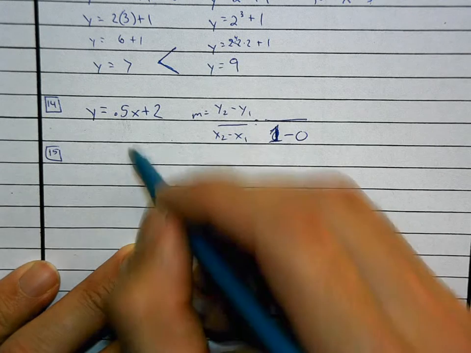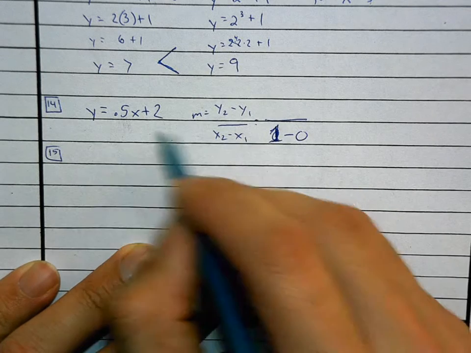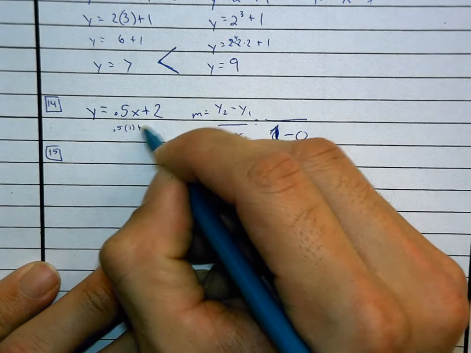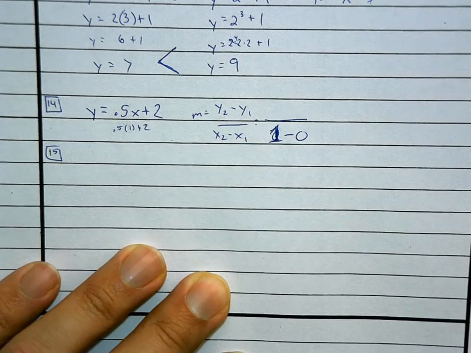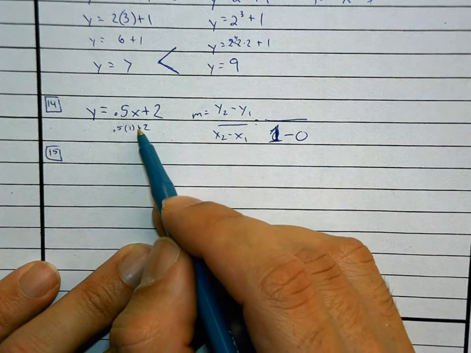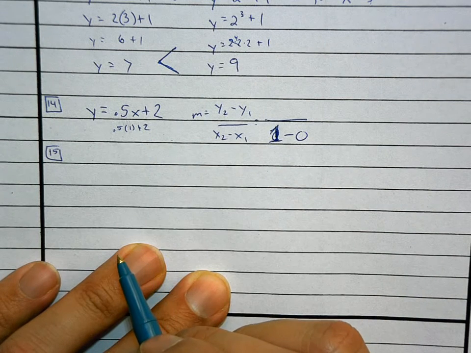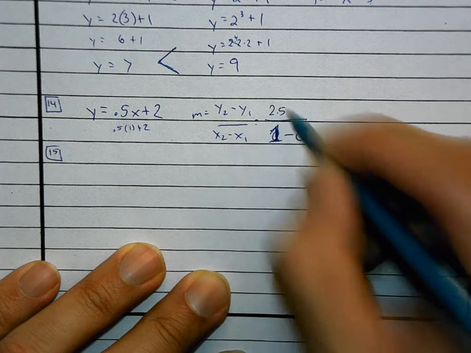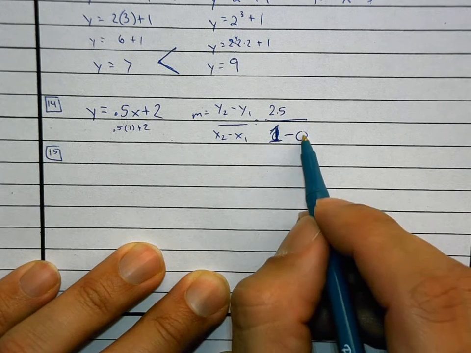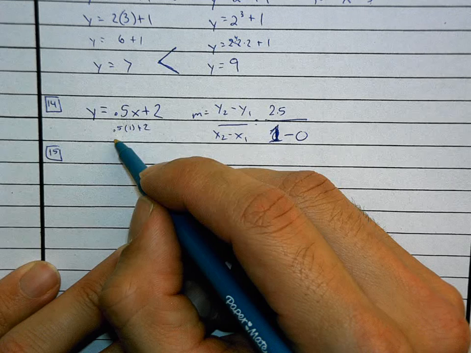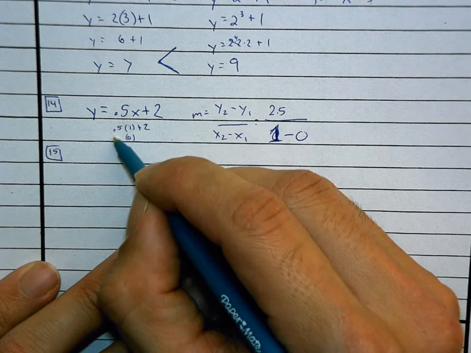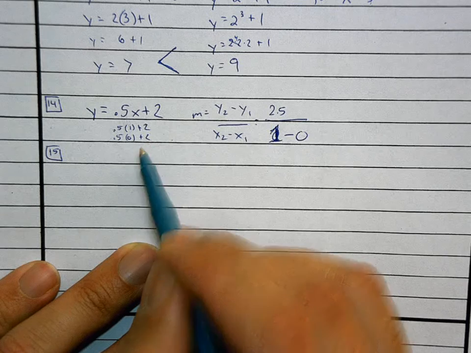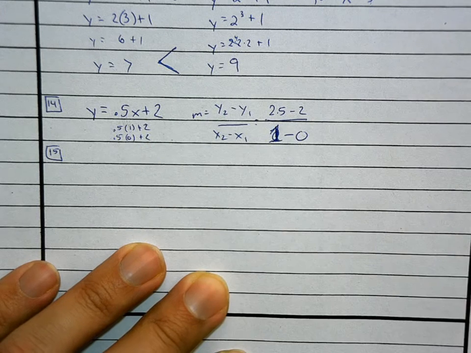So I still have to plug in this 1 here: 0.5 times 1 plus 2, and figure out what that is. 2 plus 0.5 is 2.5. I also have to plug in the 0 to figure out what the y value is. 0 plus 2 is 2.